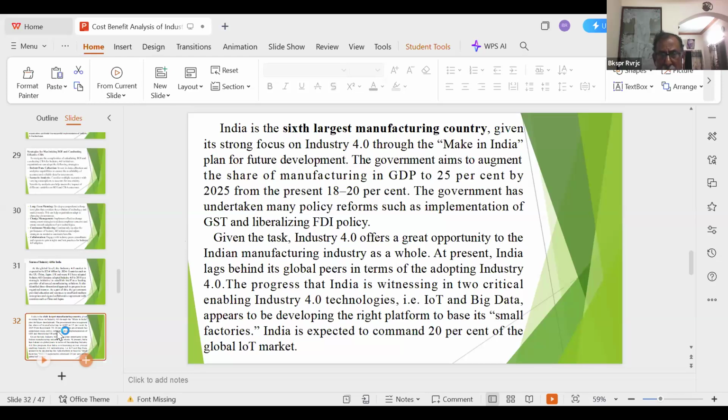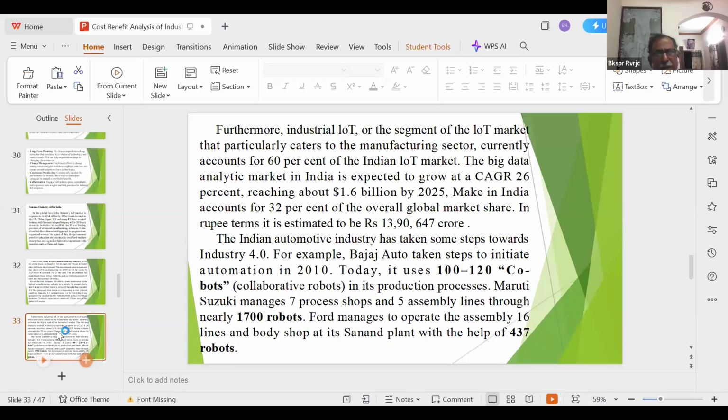India is expected to command 20% of the global IoT market. Furthermore, the industrial IoT segment, which particularly caters to the manufacturing sector, currently accounts for 60% of the Indian IoT market.